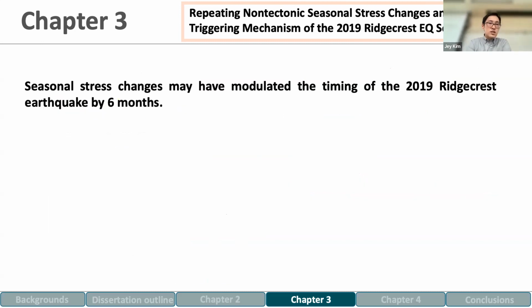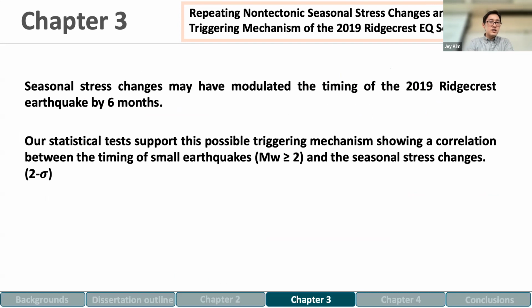And this is the conclusion slide for this chapter. Seasonal stress changes may have modulated the timing of the 2019 Ridgecrest earthquake by 6 months. And our statistical tests support this possible triggering mechanism, showing a correlation between the timing of small earthquakes and the seasonal stress changes with a 2 sigma interval.